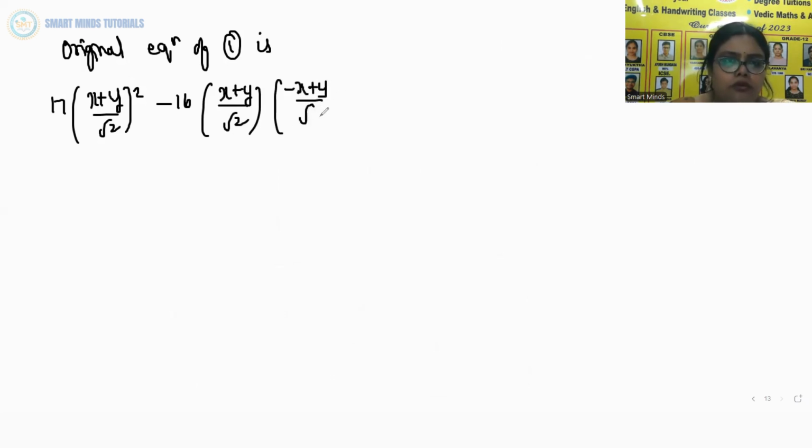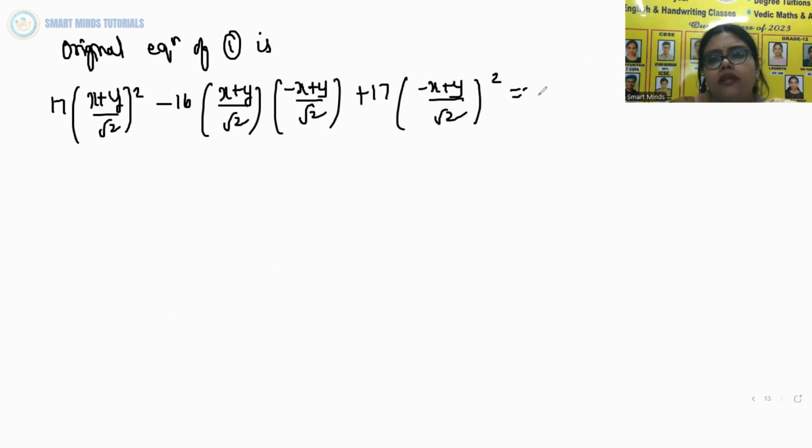So now we need to do the substitution over here. So original equation, equation number 1, is 17 into (x plus y by root 2) whole square, minus 16 into (x plus y by root 2) into (minus x plus y by root 2), plus 17 into (minus x plus y by root 2) whole square, is equal to 225.